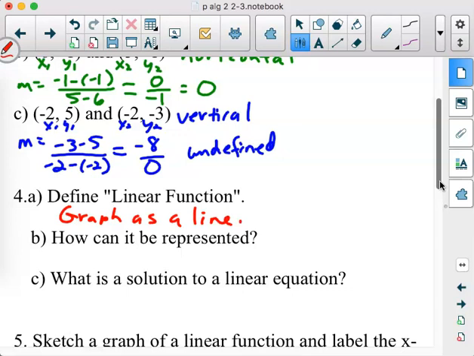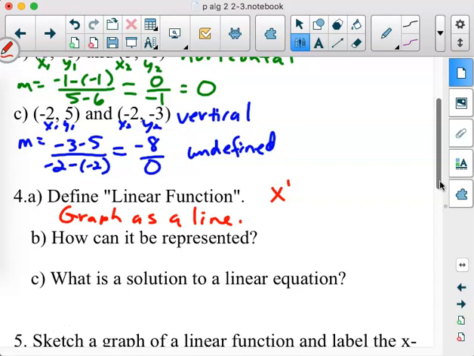Now what are we going to see in an equation that's going to tell us that it's going to graph as a line? The highest power of the x will be a 1. We won't see any x squareds, x to the thirds, x to the fourths. Those will not graph as a line. Lines have to be x to the first. That's called a degree 1 polynomial. Those will give us lines.